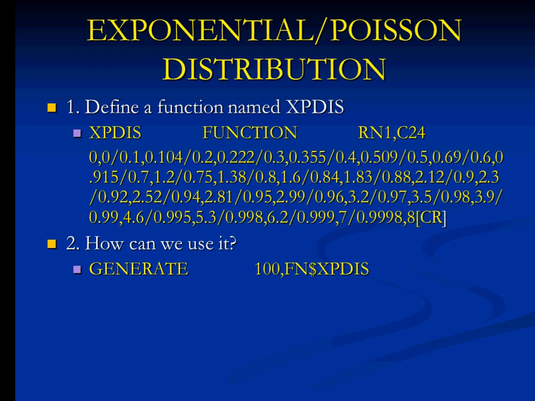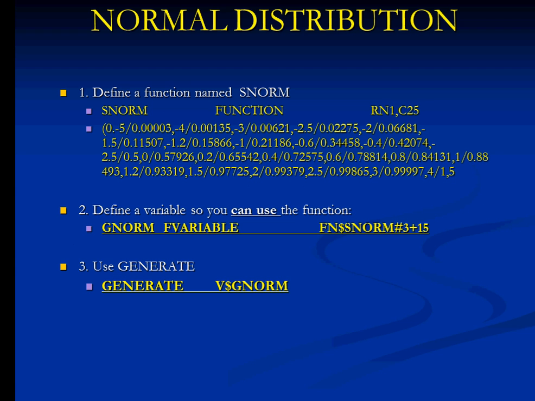And how can we know that we are using the function? Because we establish FN for function, then the name of this function after the string character. In the case of a normal distribution, we don't use the function right away. We use the variable, and then the variable uses the function.